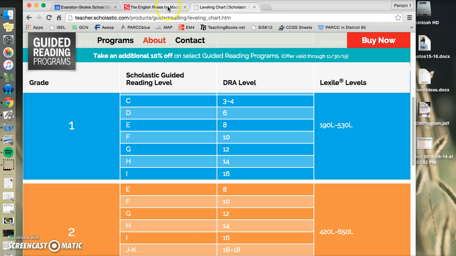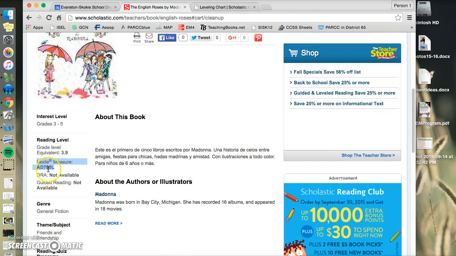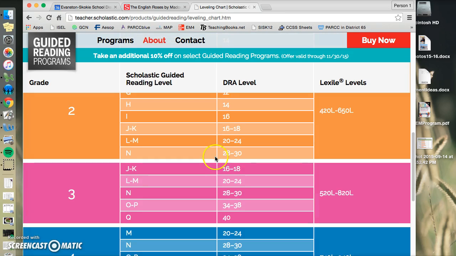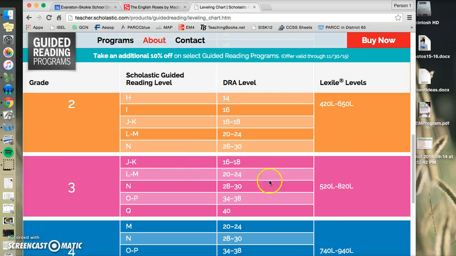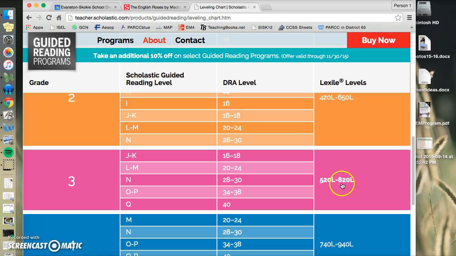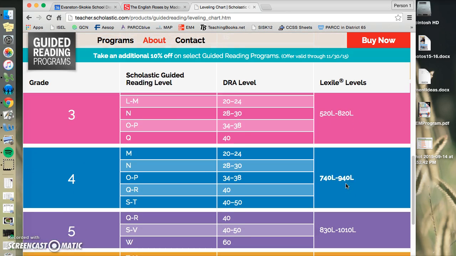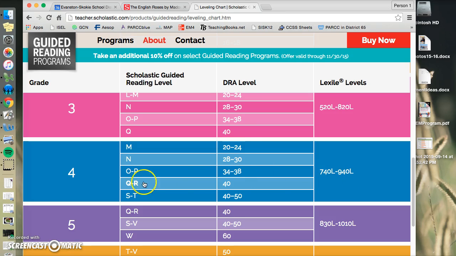So we were back at 790. I'm going to keep scrolling to 790. Okay, so that is within the third grade level, but it's at the upper end. So I want to keep going till I get a little bit closer. Okay, 740 here in the fourth grade level.